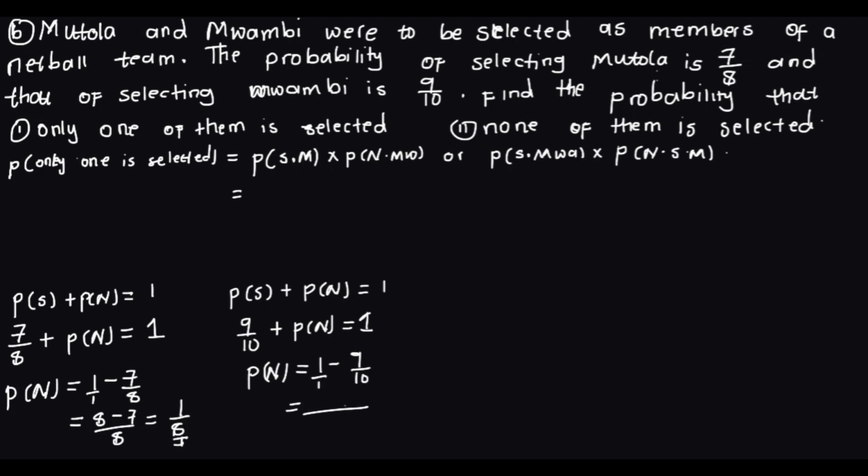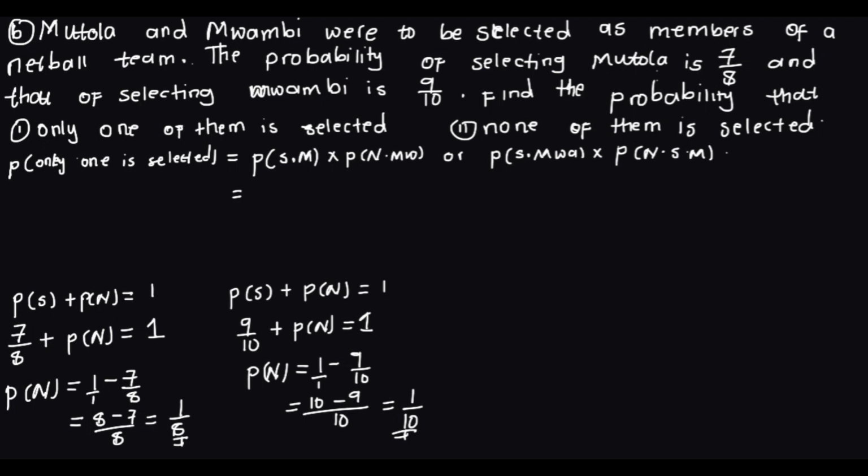The lowest common denominator for 1 and 10 is 10. 1 into 10 is 10 times 1 is 10, minus 10 into 10, 1 times 9 is 9. So 10 minus 9 is 1 over 10. So we have the two probabilities for Mutola and Mwambi. Now let's proceed.